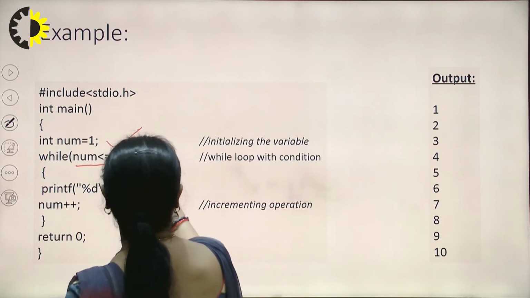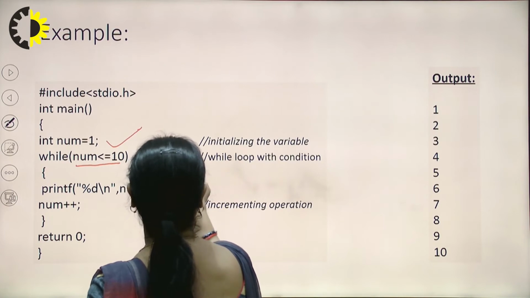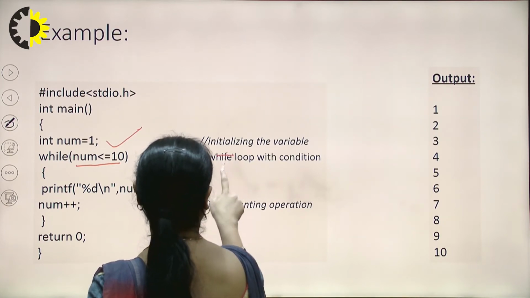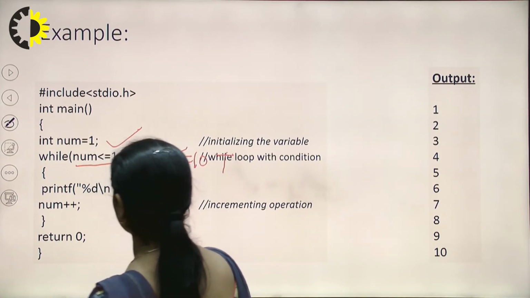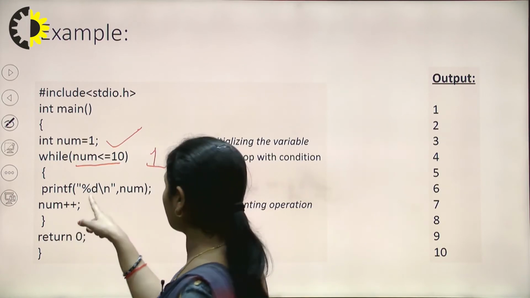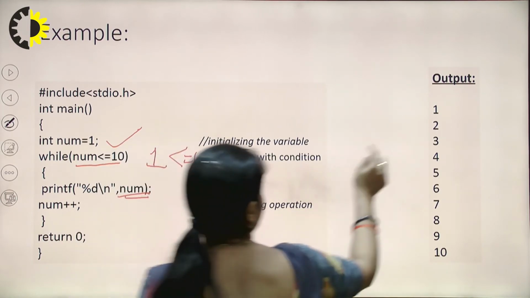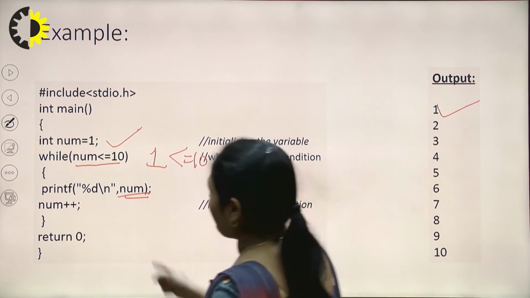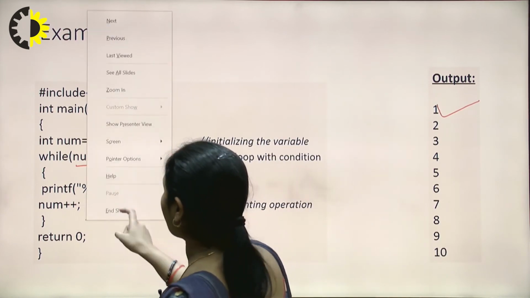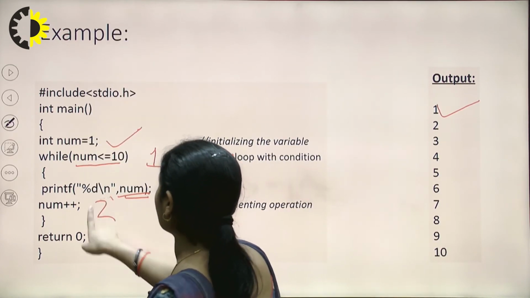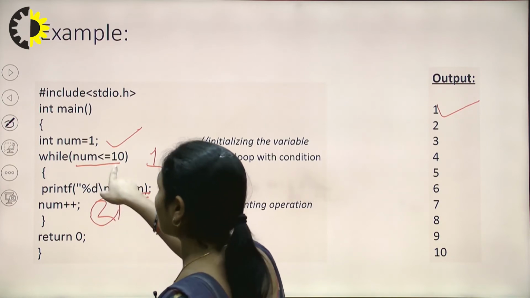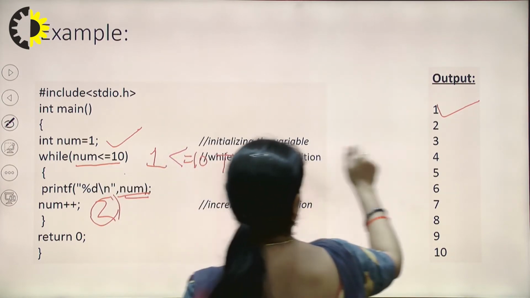Then what will happen? It will check: 1 is less than or equal to 10. The condition is true, so the body of the loop will be executed. It will print num, so it will print 1. Then the value of num will increment and become 2. Then 2 is also less than 10, so it will print 2.